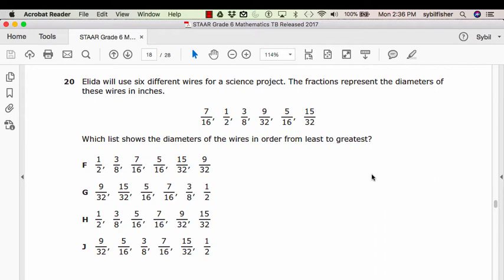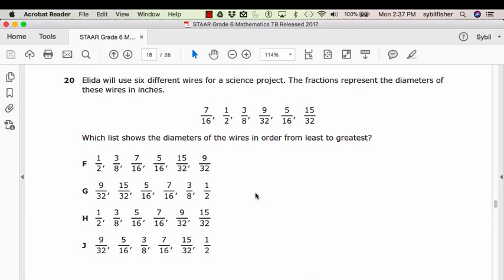F, 1/2, 3/8, 7/16, 5/16, 15/32, 9/32. G, 9/32, 15/32, 5/16, 7/16, 3/8, 1/2.